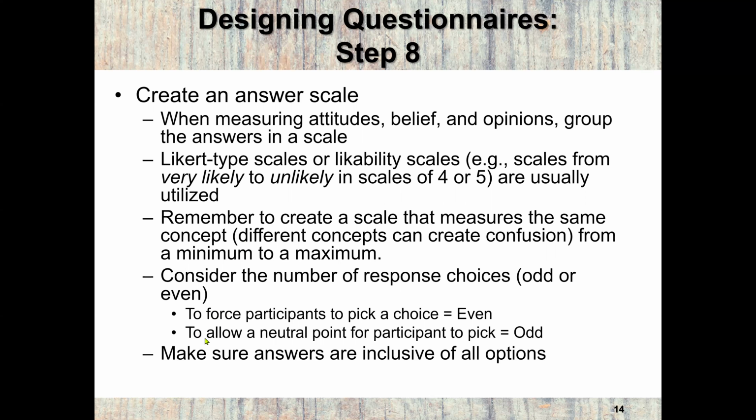And lastly, we should make sure the answers are inclusive of all options. So here again, step 8, our goal is to create an answer scale. The most common scale that I always see is the Likert type scale.